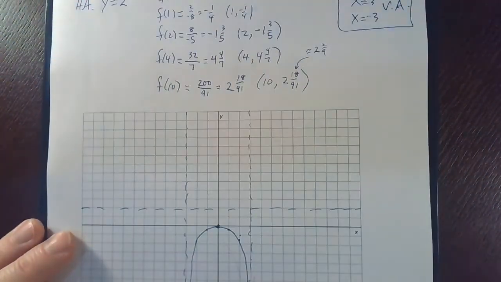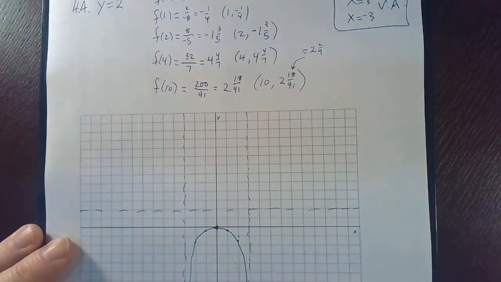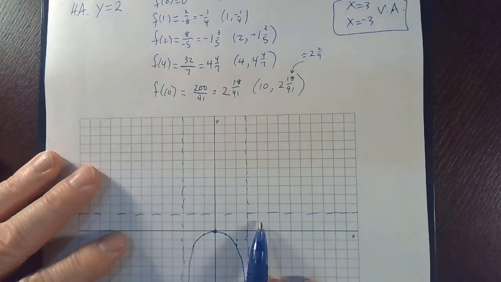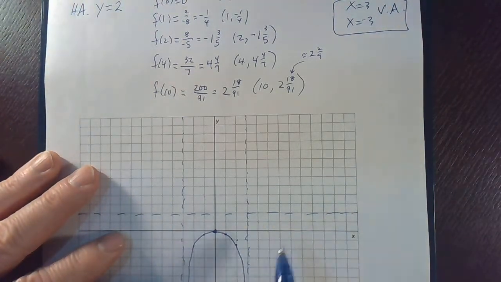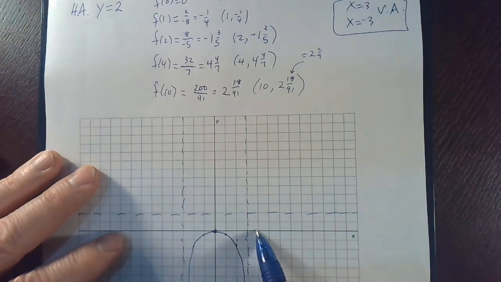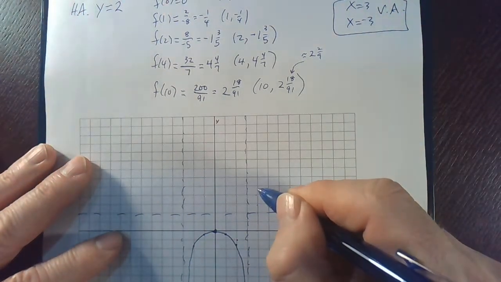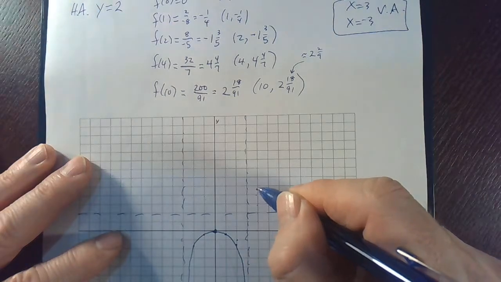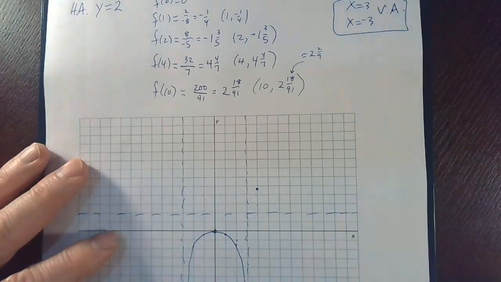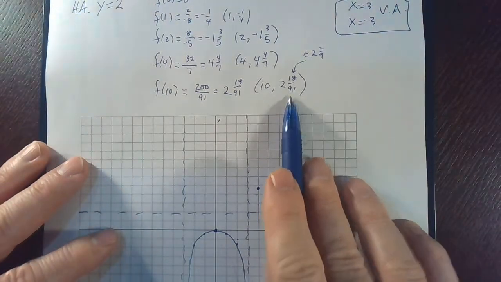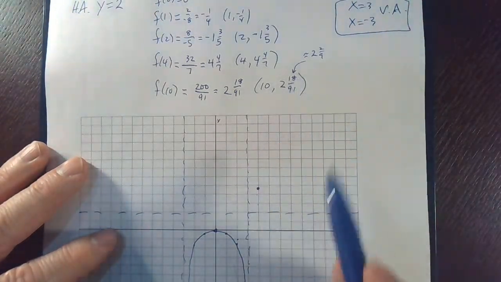But let's get to plotting. f of 4, that's the one we didn't plot yet. f of 4 is 4 and 4/7: 1, 2, 3, 4, and a little bit more than 4 1/2. And then f of 10, just go up about, roughly speaking, 2.2.